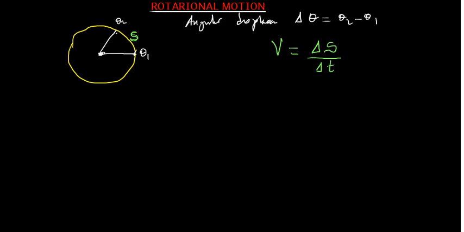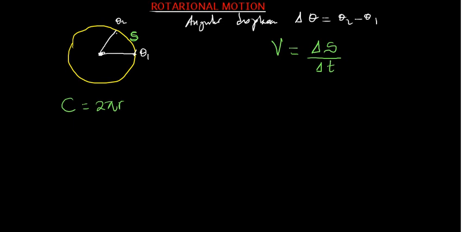So this same formula which is here, we can alter it. How do we find S? How do we find the arc? We know that S is the arc length. So if we are talking about a circle, the distance around the circle, called the circumference of a circle, is given by 2 pi r. Now in this case we're talking about the arc length.